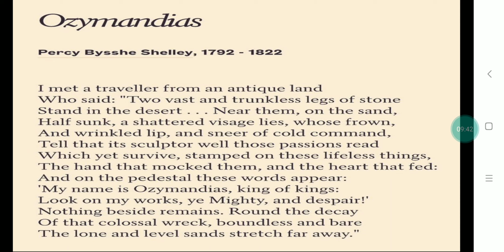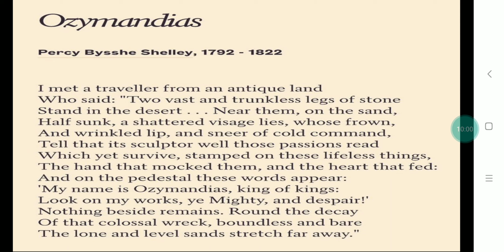Yes or no? That too alone, and no one is there around. Only what you can see is only the sand, only the stretch of sand far away. As far as a person can see, there is only sand, and his ruin is lying there.